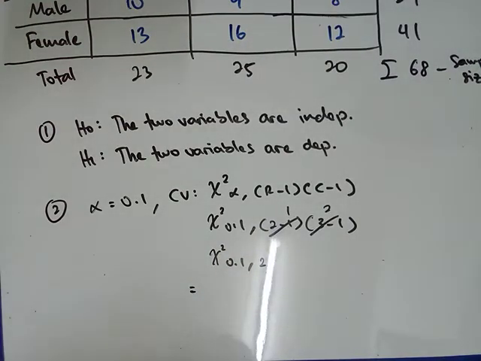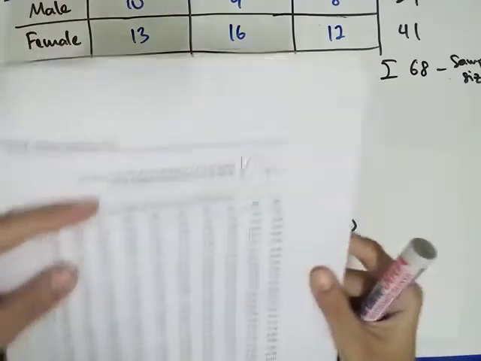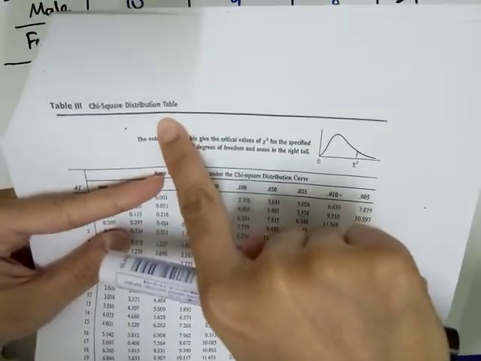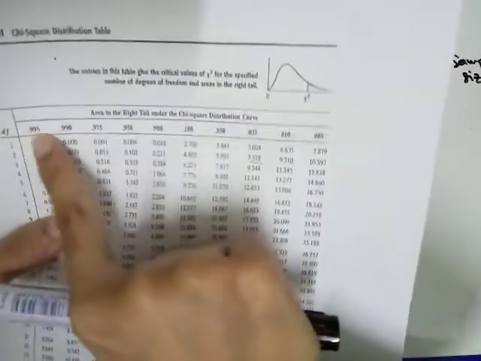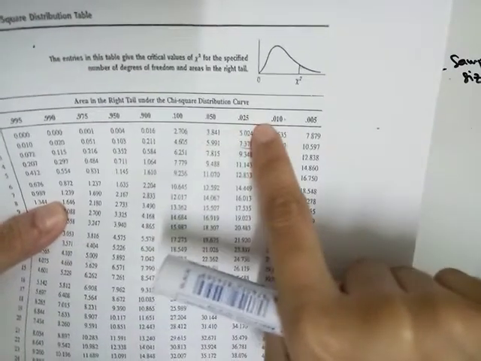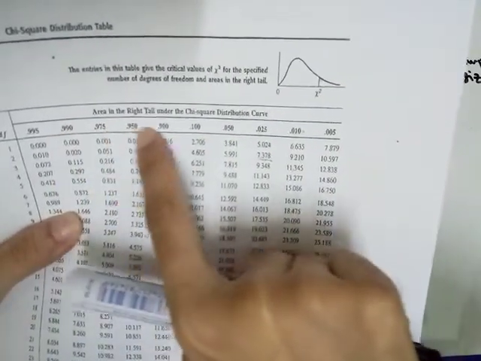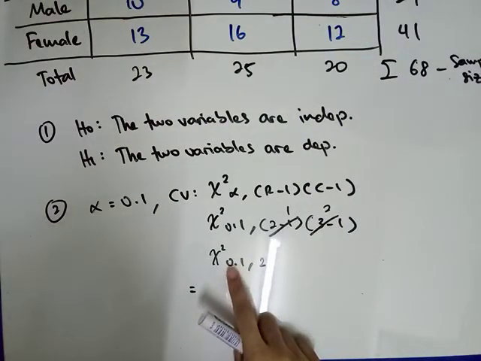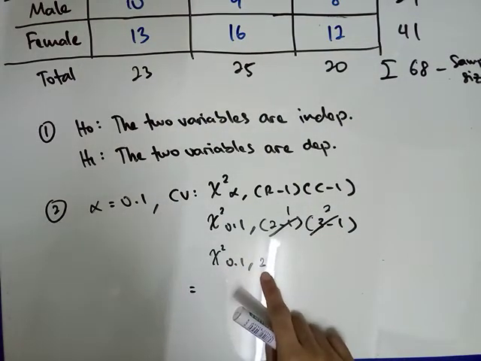So use the statistic table. Look at your table, the chi-square distribution table. The top row is for alpha, and the left column is degree of freedom. So we have alpha 0.1 and degree of freedom 2.